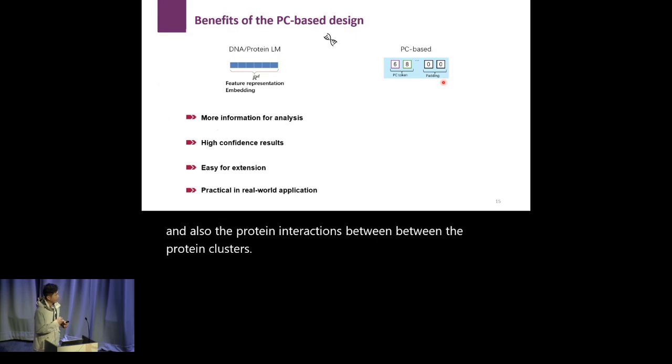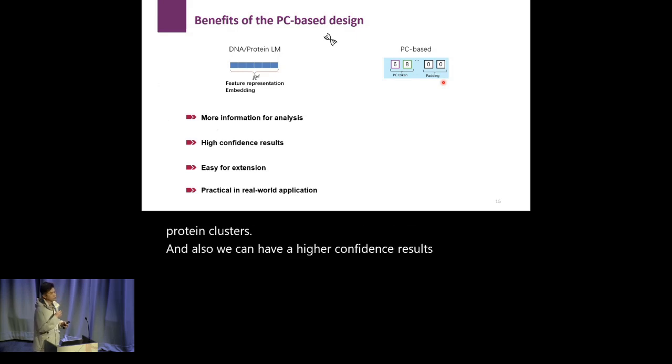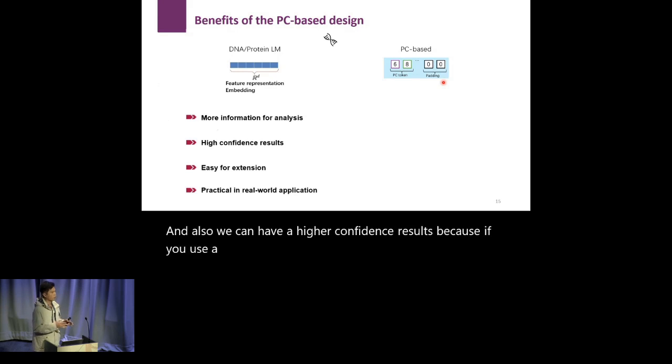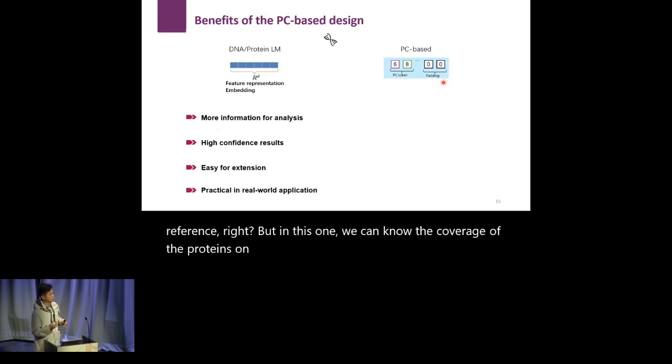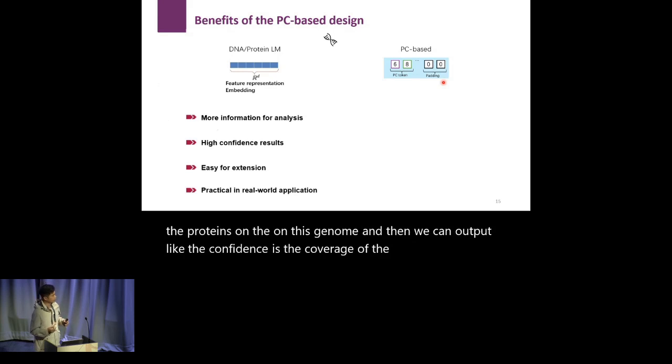And also we can have higher confidence results, because if you use a PLM, you don't know whether it's aligned to a reference, right? But in this one, we can know the coverage of the proteins on this genome, and then we can output the confidence as the coverage of the proteins of this core context.